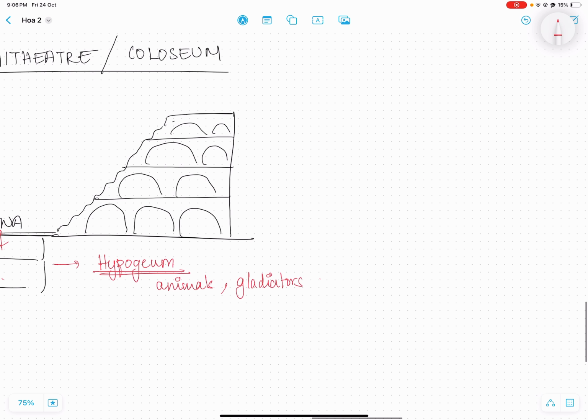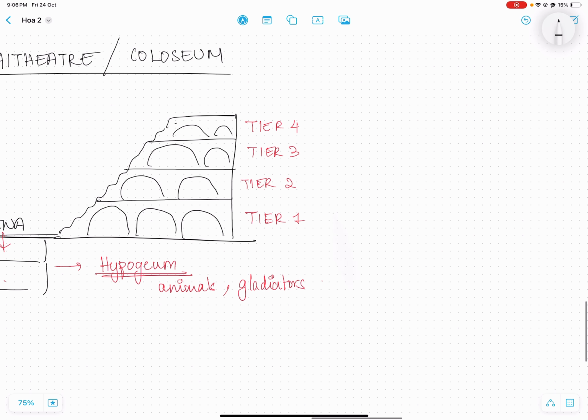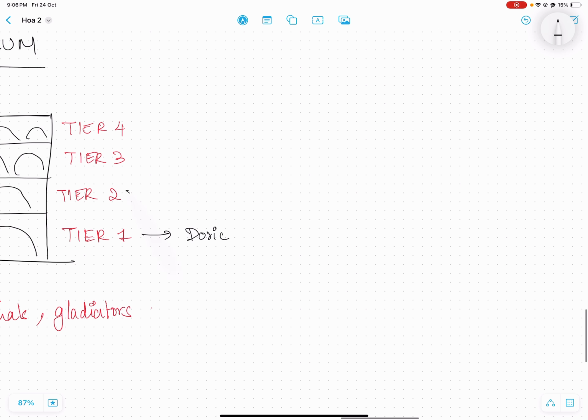Now the Colosseum had four tiers. So this is tier 1, tier 2, tier 3 and tier 4. The first tier had Doric columns, tier 2 had Ionic, tier 3 had Corinthian, and tier 4 had Corinthian pilasters.